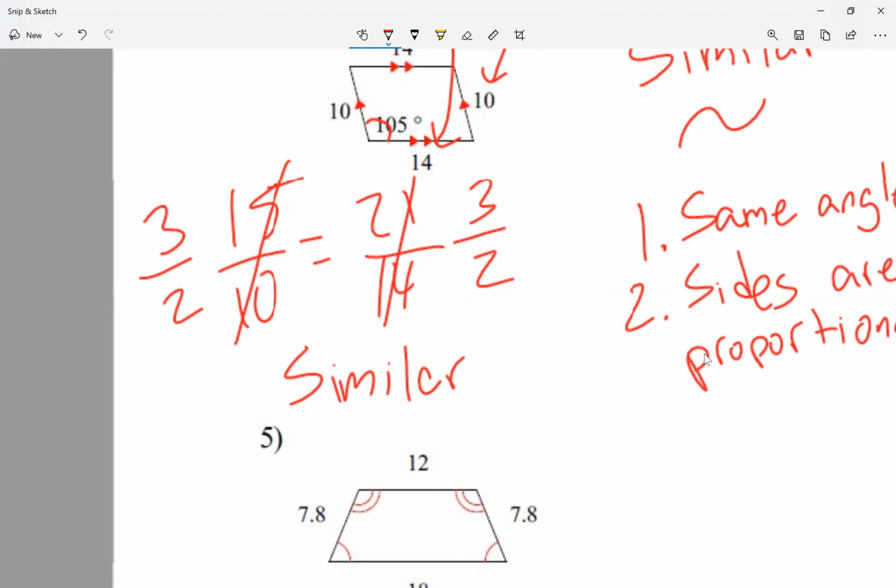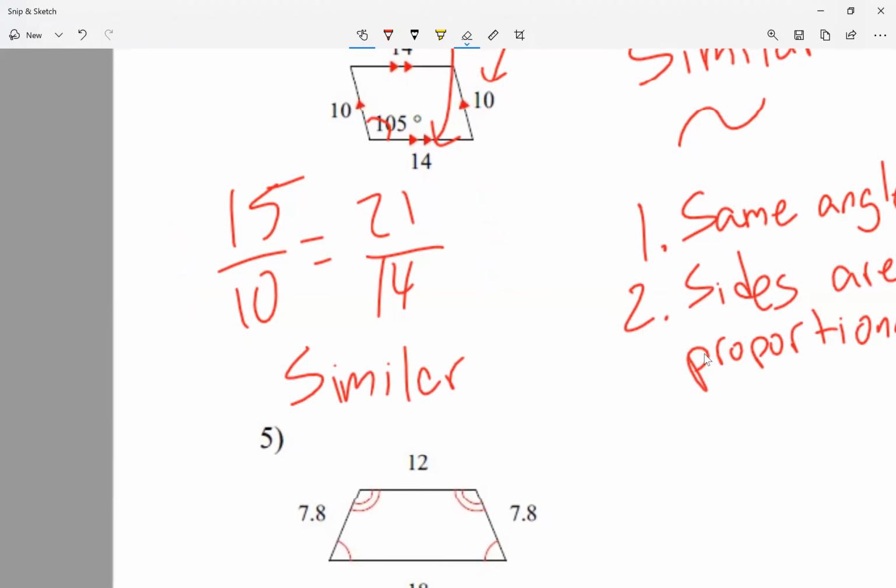Now, some of you might be thinking, oh man, simplifying fractions, I'm not that good at it. Okay, so I'm going to show you a different way. If you don't know how to simplify fractions, if you struggle with that, proportional fractions, when you cross multiply, you should get the same thing. So if I go 15 times 14, right?